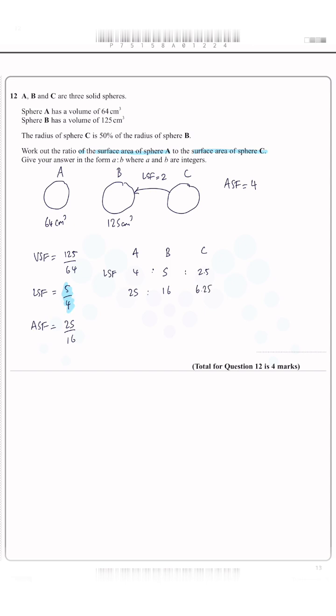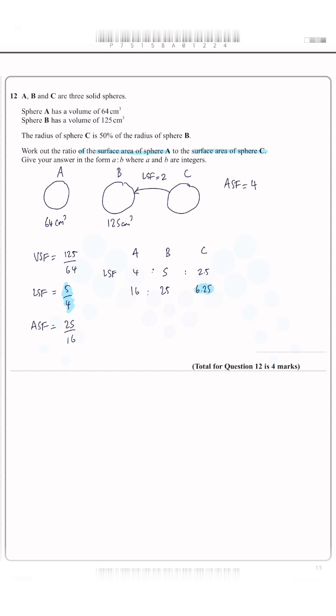So if I compare the first one and the third one, because I'm comparing A and C, I'm looking at this number over here and this number over here, and I don't want to have decimal values over here. So what I could do is I could times both of them by 4. Now, I've actually got that wrong. If you just look at this over here, this should have been 25 and this should have been 16.